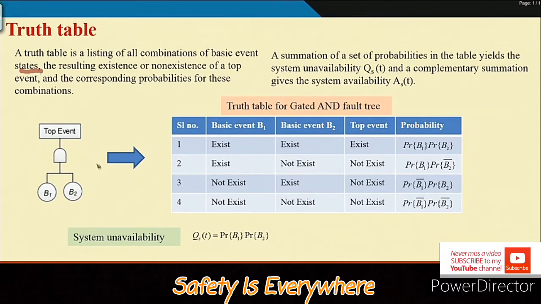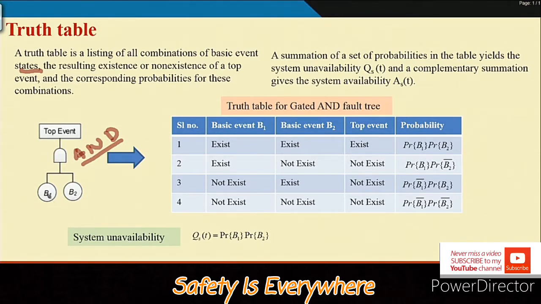For example, consider a fault tree having two inputs, that means two basic events, and the top event is linked with an AND gate. Then how many states or combinations are possible here?